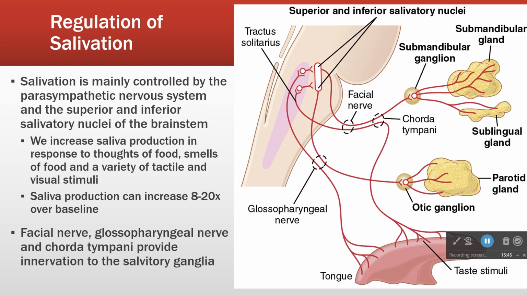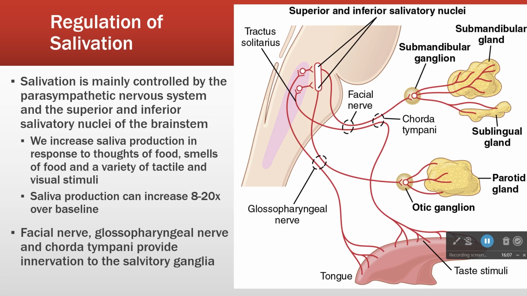Now, the inputs into this system, top down, the brain matters here. Like if you know there's really great food arriving soon, well, you're going to start making saliva, right? Even though there's no stimulation. Now, once you start to eat, the tongue is going to detect the taste stimuli.